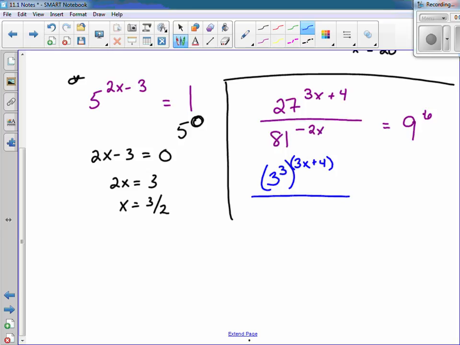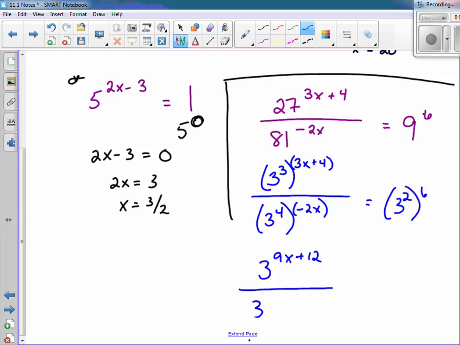Divided by 3 to the fourth power times negative 2x equals 3 to the second power to the sixth power. Now I've got to use exponent rules. I need to go back and multiply the exponents. So I have 3 to the 9x plus 12th power over 3 to the negative 8x power equals 3 to the 12th power.